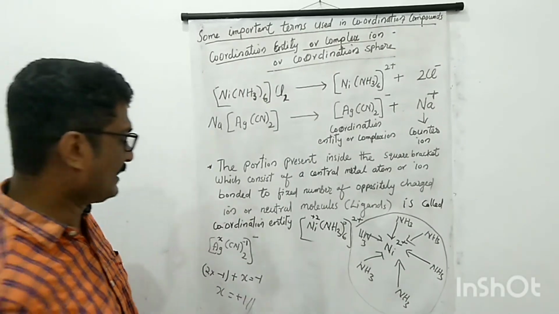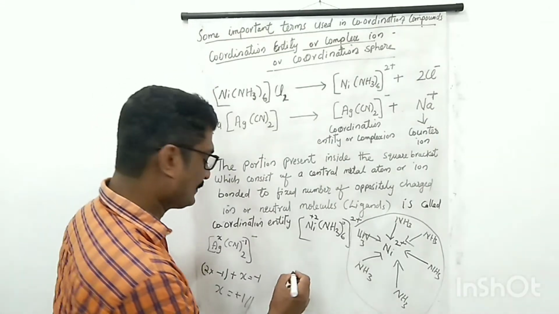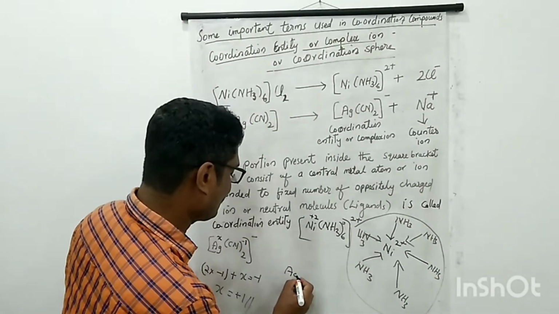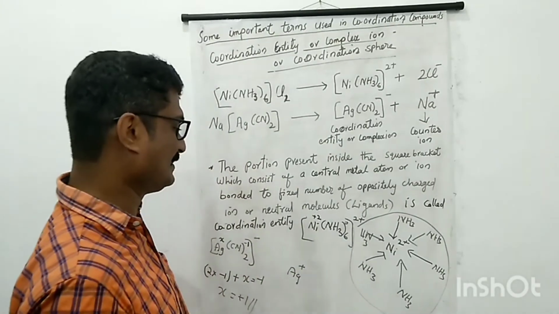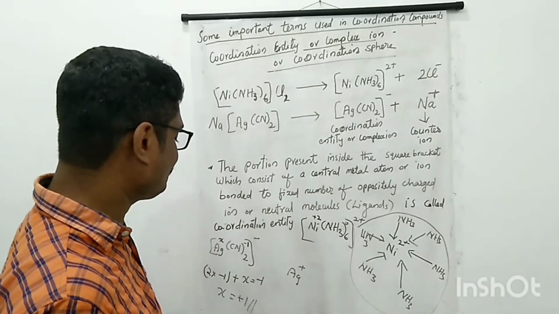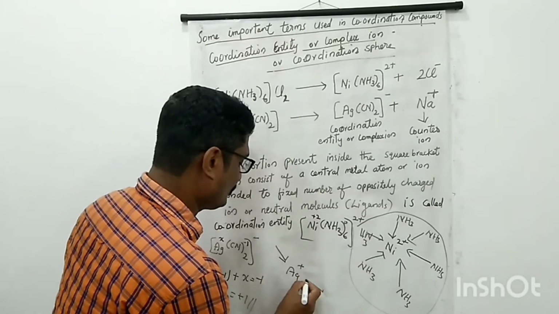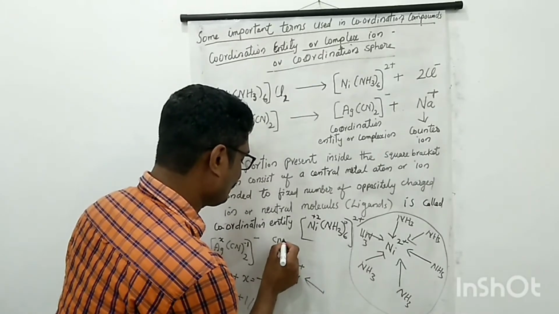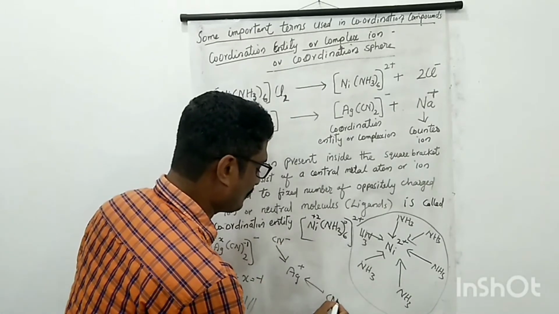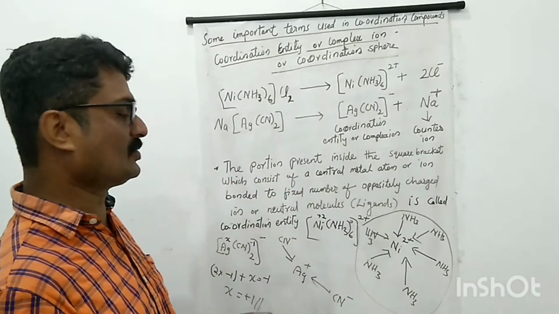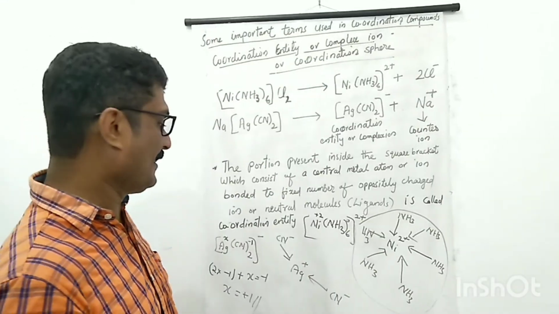Then here the central Ag plus, the metal ion, is surrounded by 2 CN minus ions.